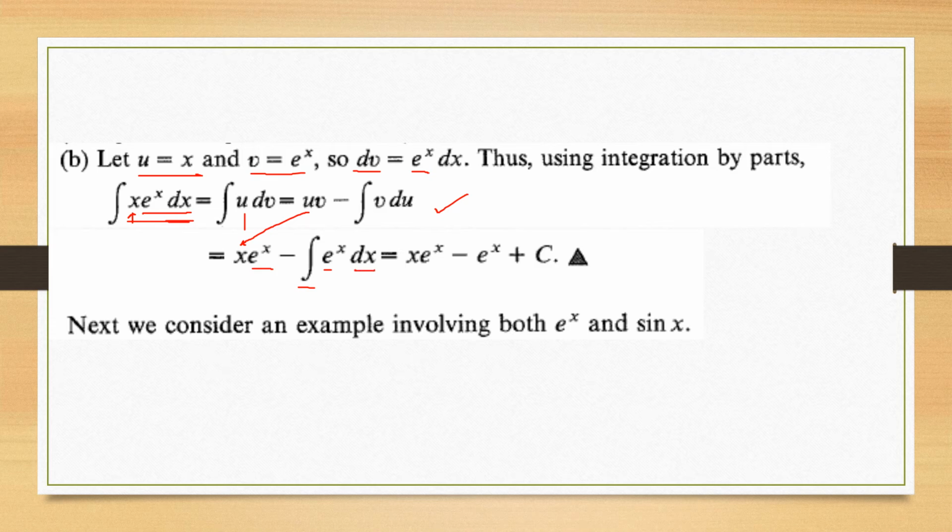This integral can be easily solved. Finally, we will take this solution. These two parts involve log x and exponential of x. Now we will consider some example which will contain both e raised power x and the trigonometric function sin x.